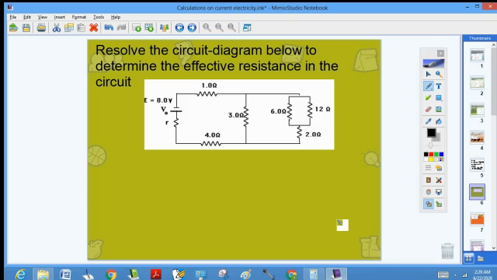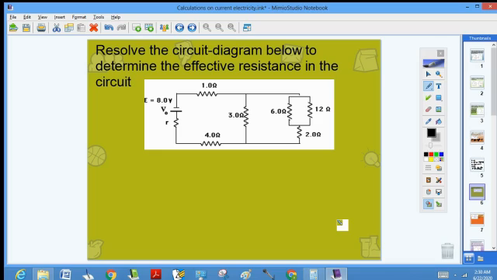Moving ahead to the next question. The question says, resolve the circuit diagram below to determine the effective resistance in this circuit. As we can see from the circuit diagram, we want to find the effective resistance in the circuit.